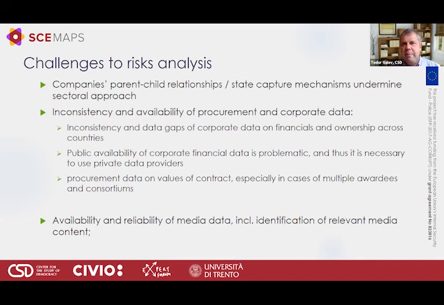State capture mechanisms actually undermine the sectoral approach, and I'll try to explain this. When you have a group of companies controlled by the same person, these companies are not from a given sector only. They belong to different economic sectors.